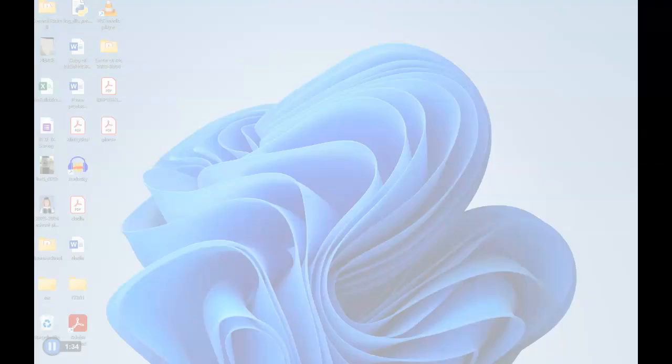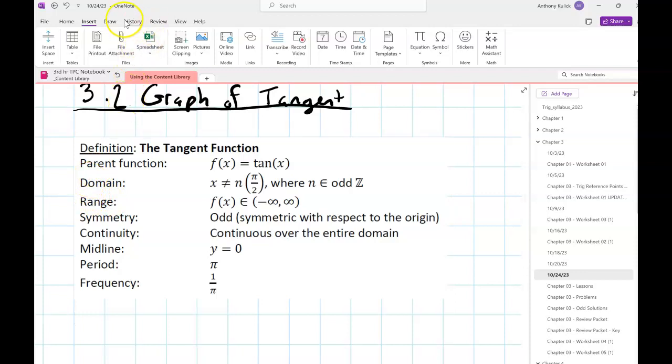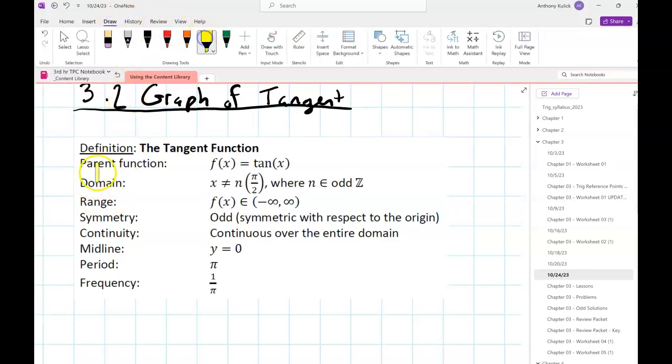So in general, when we talk about the tangent function, we notice that a lot of this is going to be the same as sine and cosine, right? But there's some obvious differences right away.